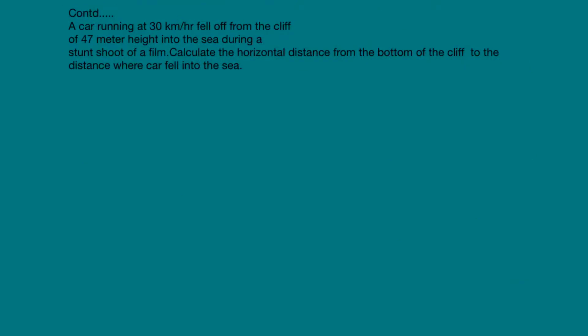So here we will write for x and we will write for y. So this is y and this is x here. Now we will write whatever things we know. Displacement along the y was 47 meters, acceleration along the y-axis is 9.8 meters per second square, and initial velocity along the y-axis is 0 meters per second.